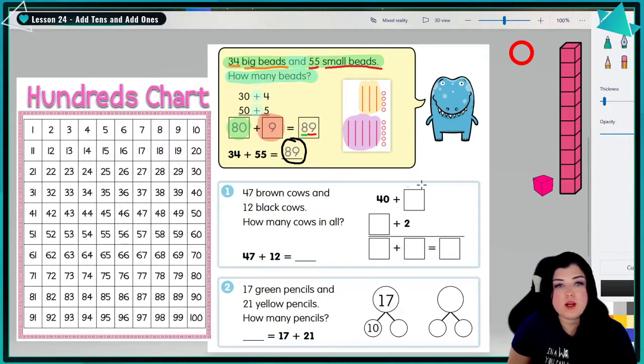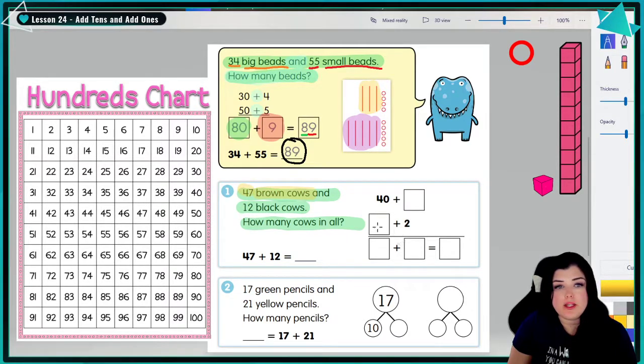The next part of the problem says 47 brown cows and 12 black cows. How many cows in all? One of my parts is 47, which is the number 47, and brown cows is the object.